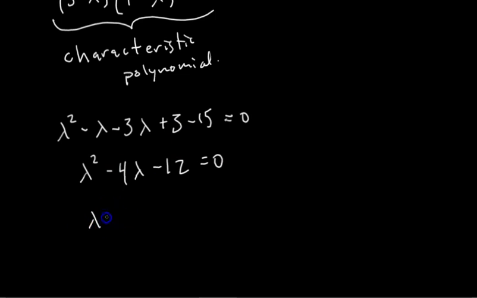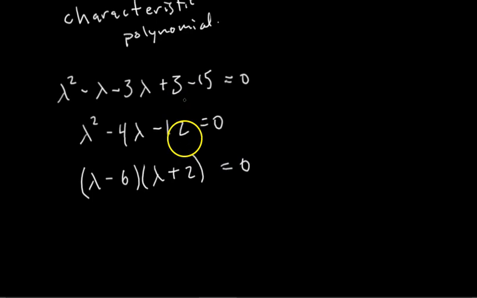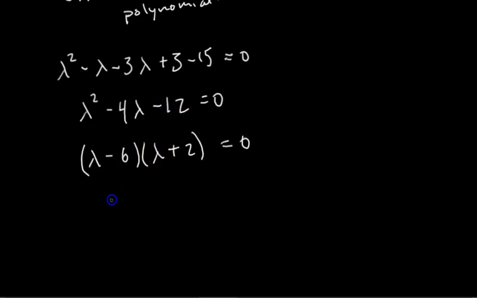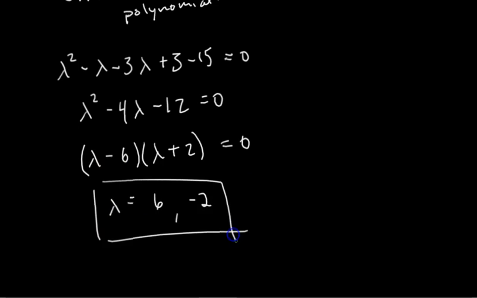You get lambda minus 6 times lambda plus 2 equals 0. And now we can find the solutions. We find the roots of the characteristic polynomial, right? The roots of the characteristic polynomial are your eigenvalues. So then we can say lambda equals 6 and negative 2. So we've done it. That's part A.